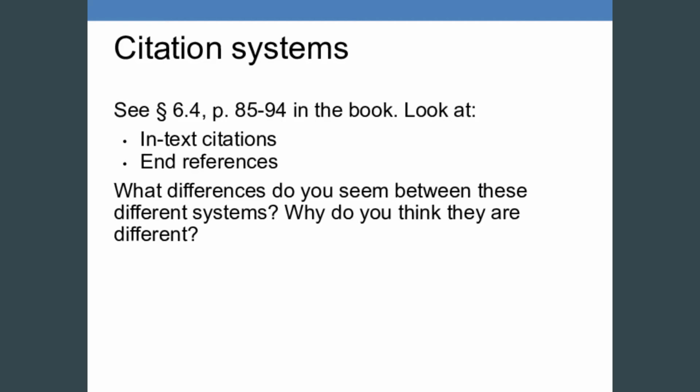So, briefly, APA is used in social sciences. That includes psychology, sociology, also many areas of linguistics, especially more research-oriented and education-oriented areas, and education itself. APA stands for American Psychological Association, but it's used around the world, not just in psychology. It's kind of the standard for social science papers.